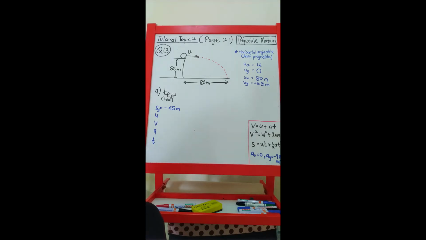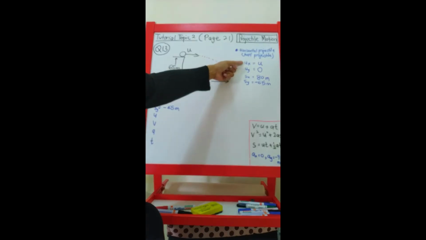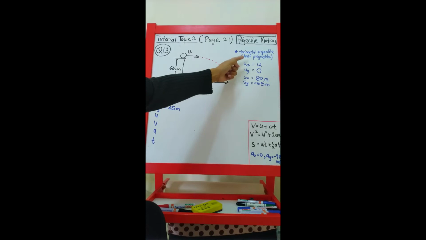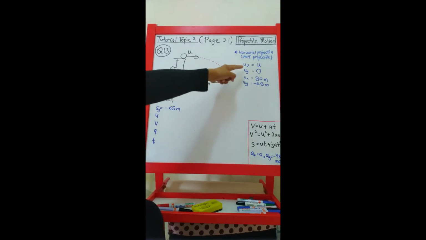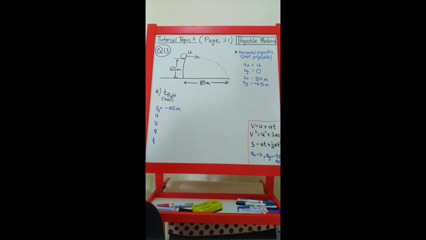If you want to use Sx, we can. But the problem is we don't have the value for Ux. So we have Uy, which is 0. So why don't we use Uy?